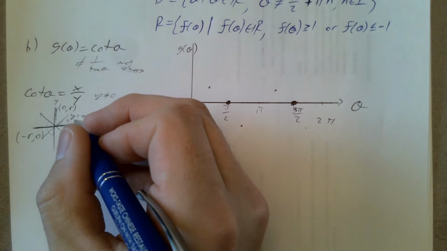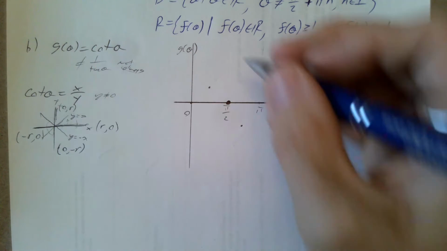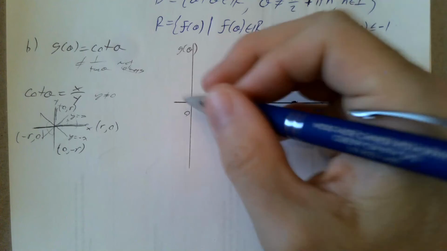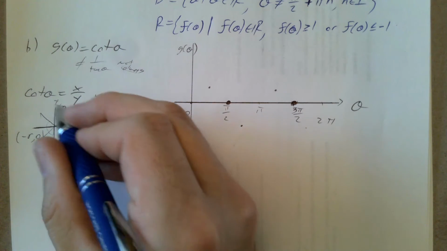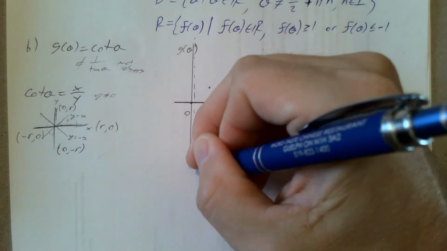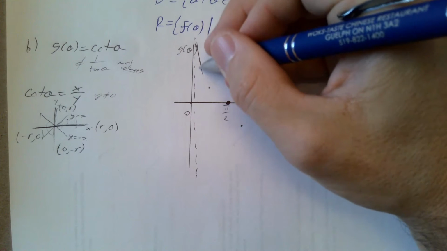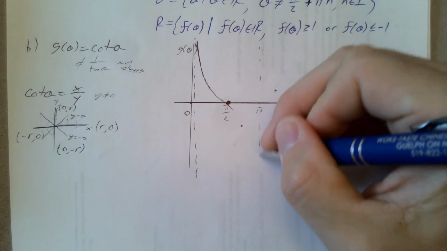I can then realize that as theta approaches pi by 2 from values that are greater than pi by 2, my outputs should increase without bound. So I come down here, cross there. Here, let's do another one.